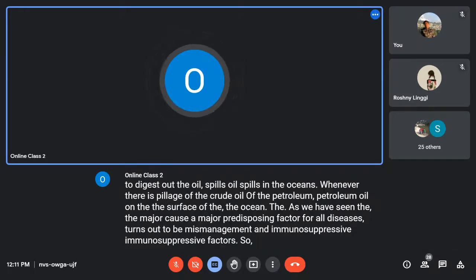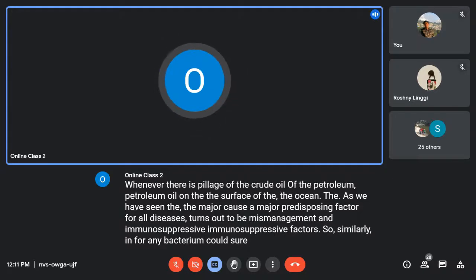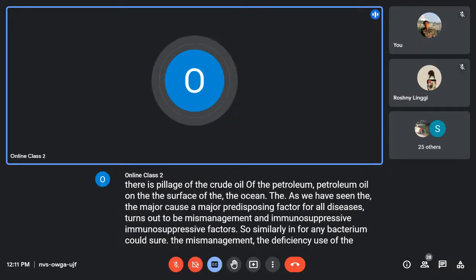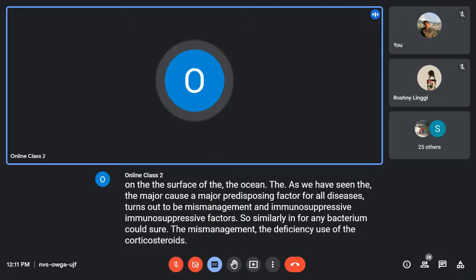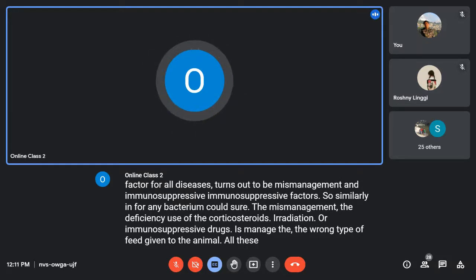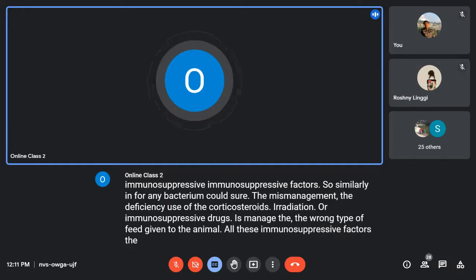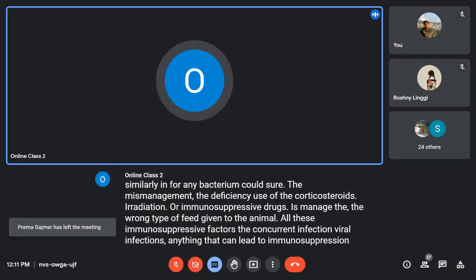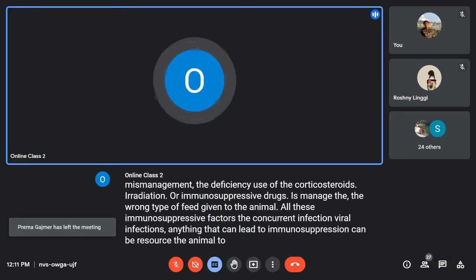So similarly, in Corynebacterium kutscheri infection also, the mismanagement, the deficiency, use of the corticosteroids, irradiation or immunosuppressive drugs, the wrong type of feed given to the animal, all these immunosuppressive factors, the concurrent infection, viral infections, anything that can lead to immunosuppression can predispose the animal to pseudotuberculosis. Even weaning in the animals.